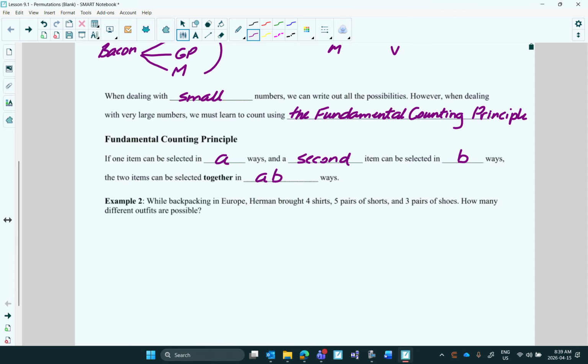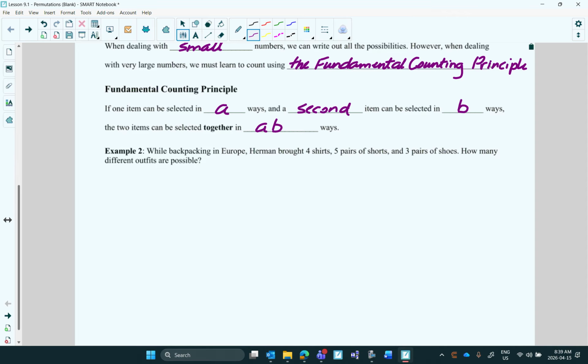So as an example, while backpacking in Europe, Herman bought 4 shirts, 5 pairs of shorts, 3 pairs of shoes. How many different outfits are possible? Right. Because we need a position for the shirts, we need a position for the shorts, and then the shoes.